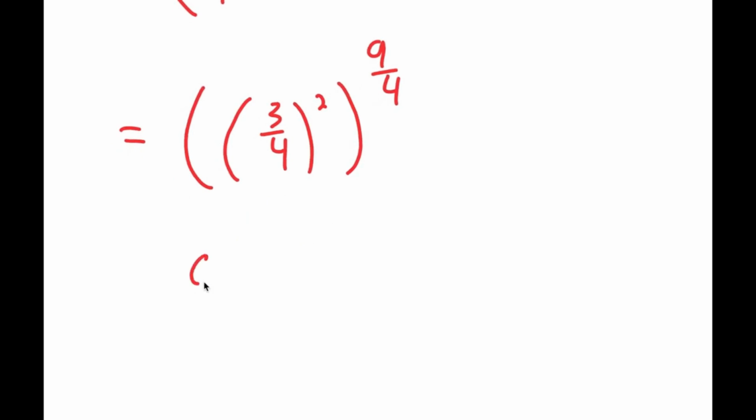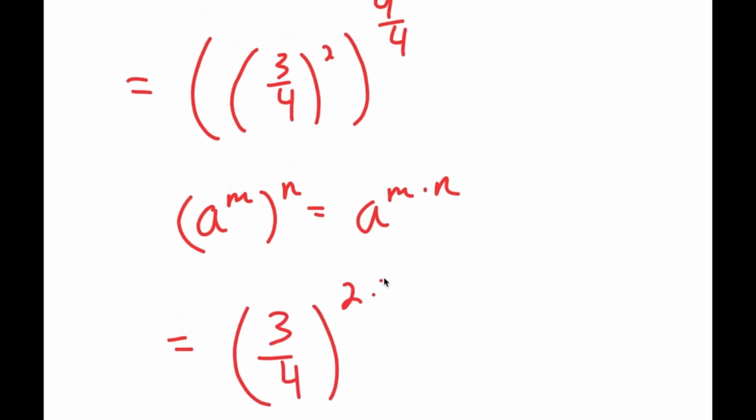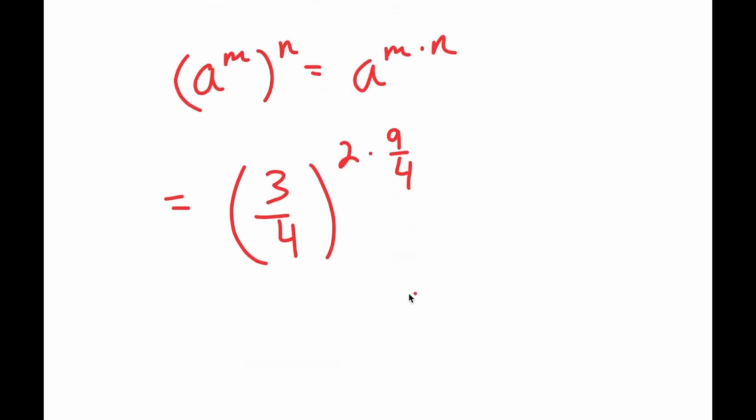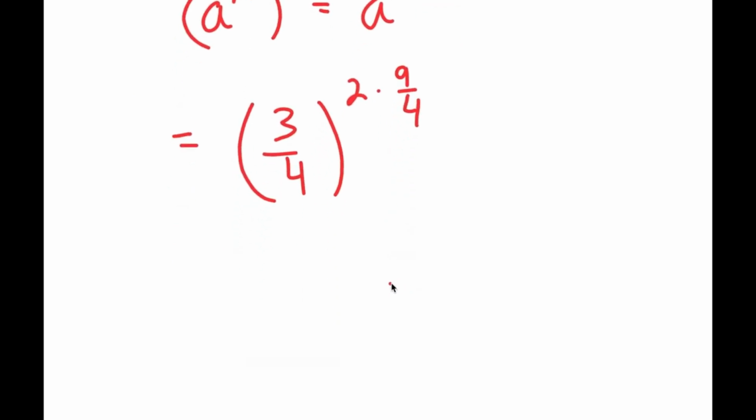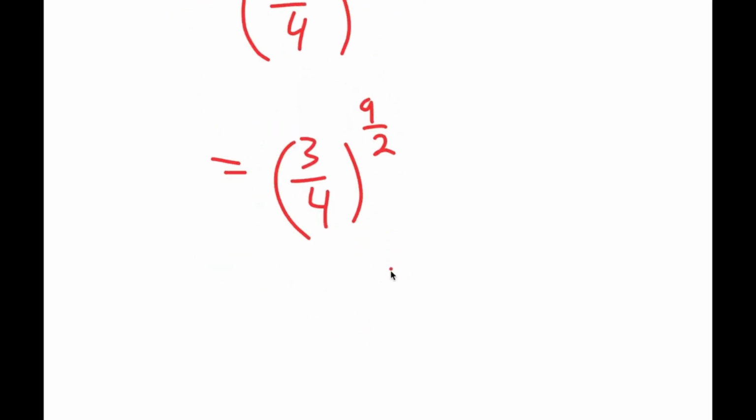Now, if I have something in the form (a to the power of m) to the power of n, this is equal to a to the power of m times n. So this turns into (3/4) to the power of 2 times 9/4, which turns into (3/4) to the power of 18/4, which is (3/4) to the power of 9/2.